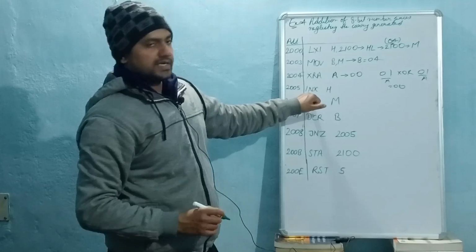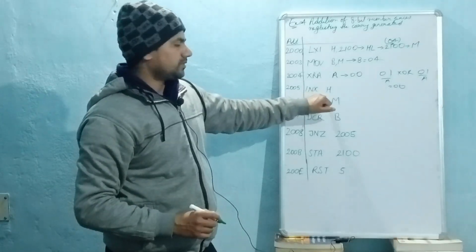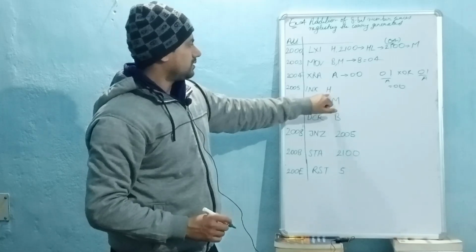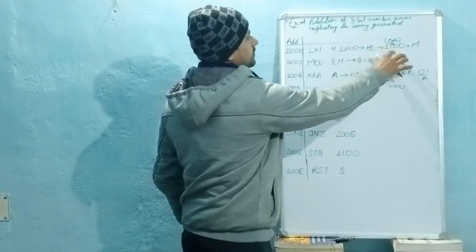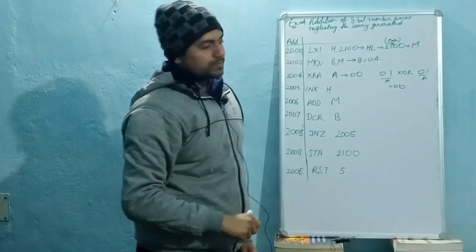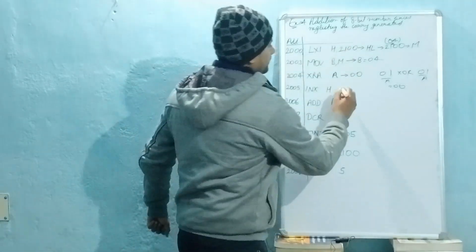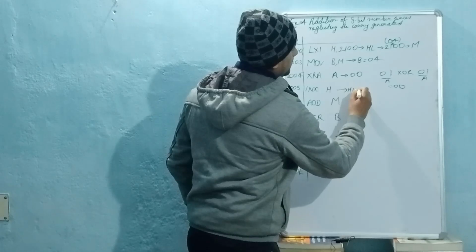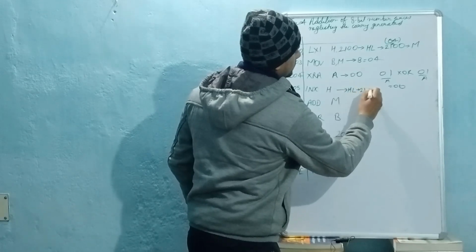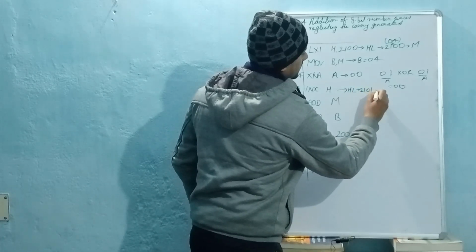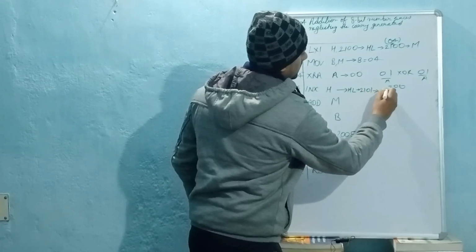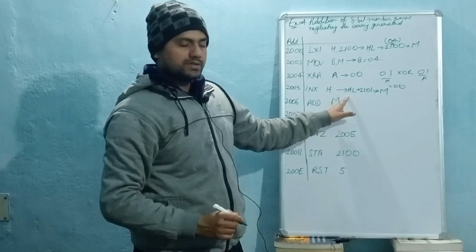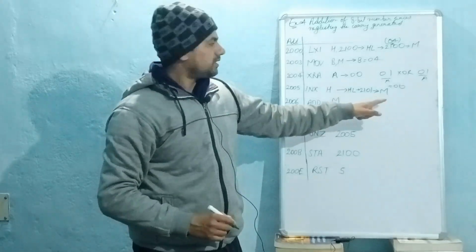Next instruction, that is INX H, is to increment the HL pair. So when we increment the HL pair, which was 2100, it will become 2101, and this HL pair is nothing but M. Okay, because whatever we have in the HL pair register acts as memory.